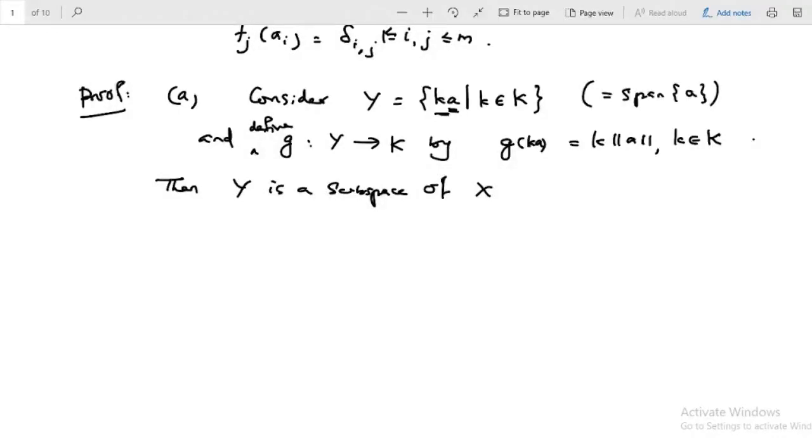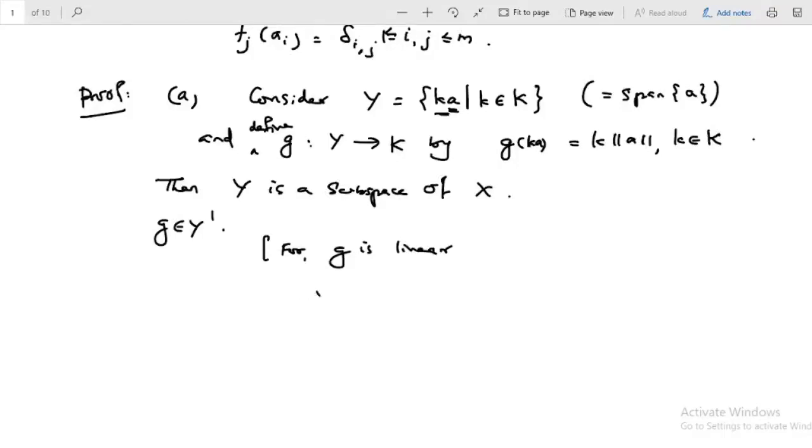A dimension 1 space is a subspace. Again, G belongs to Y dash. Define G as a continuous linear functional. Is it linear? G belongs to Y dash; first, G is linear.